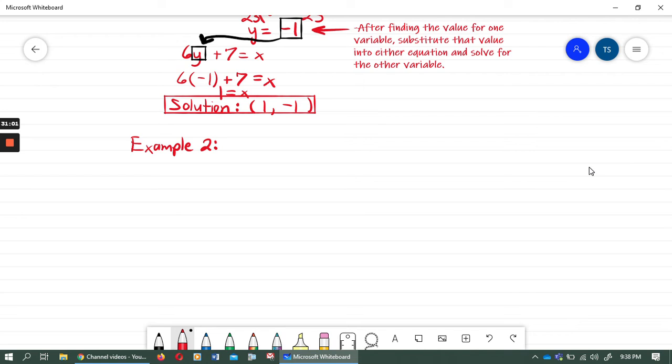Example 2, let's say we're asked to solve this system of equations. 2x minus 3y equals -6. And the other equation, 2x plus 4y equals 22.